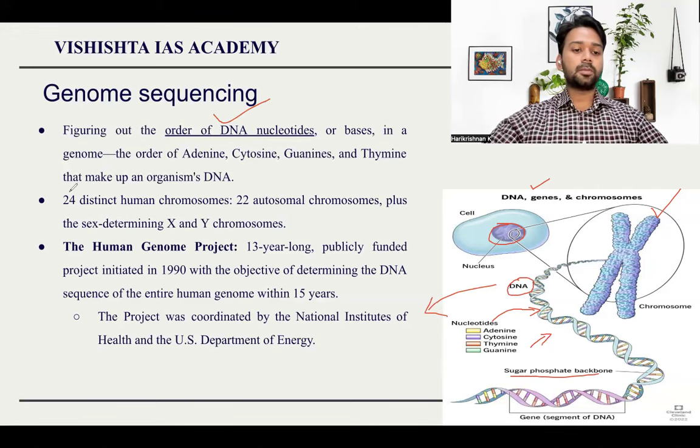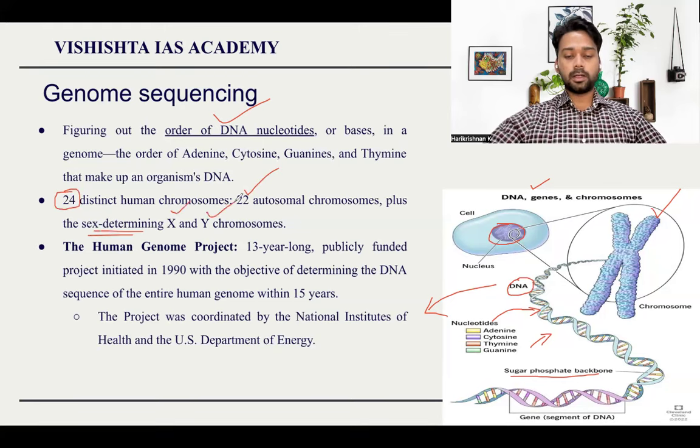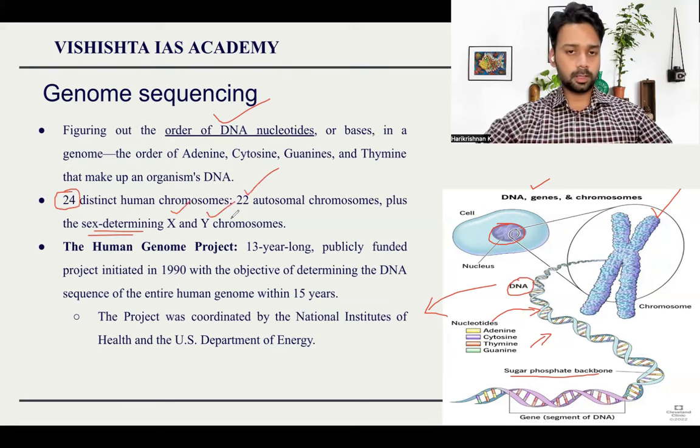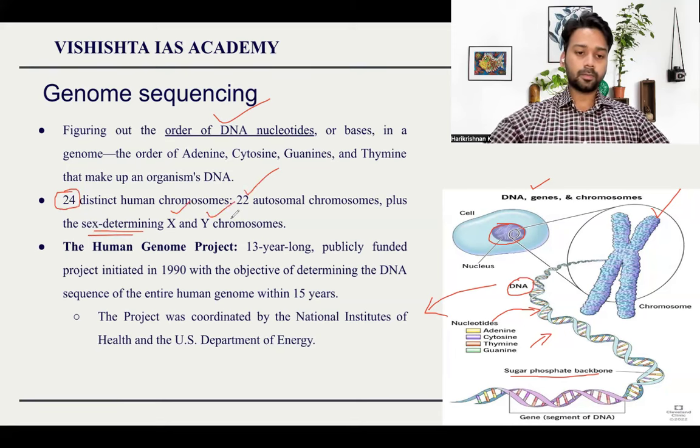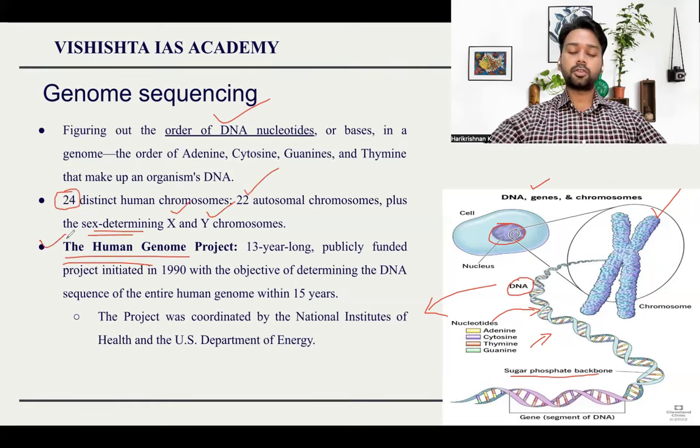Every human body is made up of 24 different chromosomes. Out of this, 22 are called autosomes, and one pair of chromosomes is called the sex-determining chromosomes. That is either X and Y, or together X and X will also be there. Human Genome Project is the biggest genome sequencing project in the history of mankind.